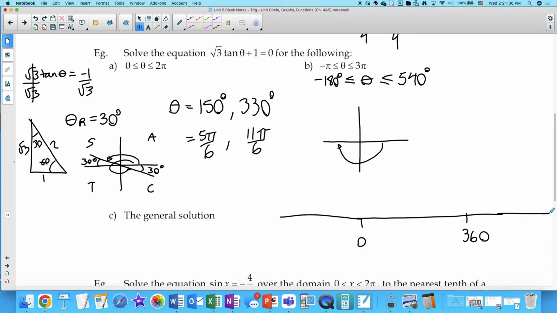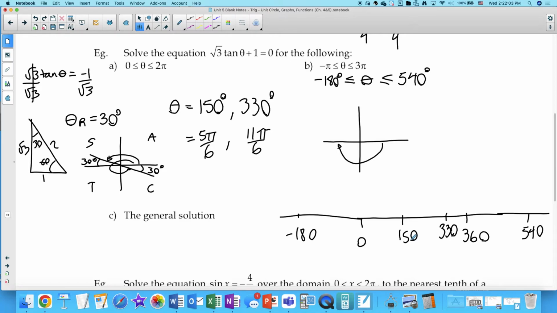And then we have to go negative 180 and 540. We have these two. There's 330 and there's 150. Okay. Now, anything where we can add 360 degrees or subtract 360 degrees from these two, within this number line from negative 180 to 540 will work.